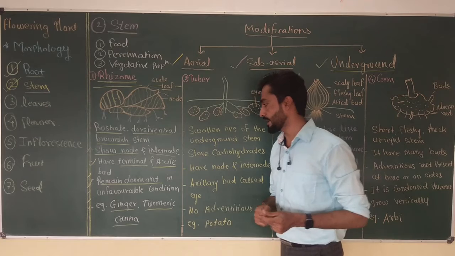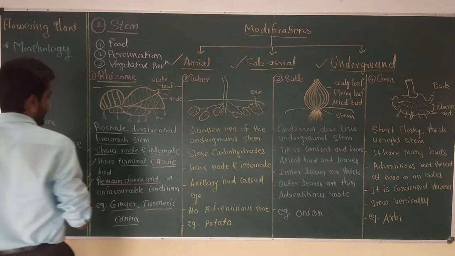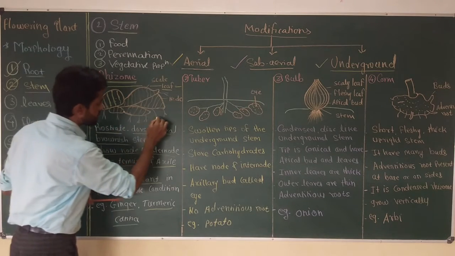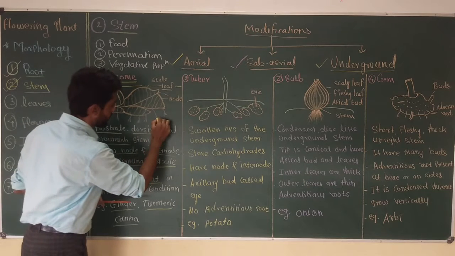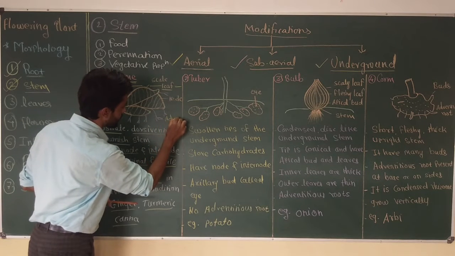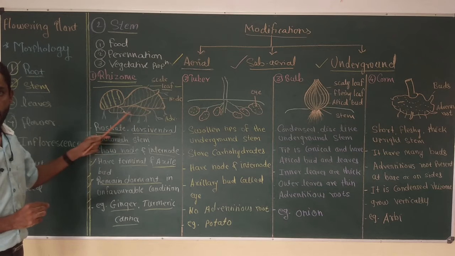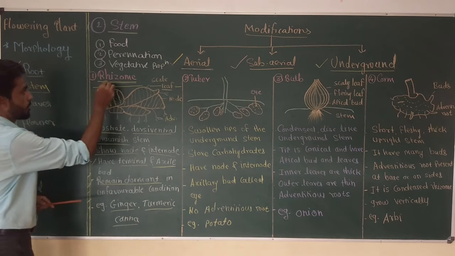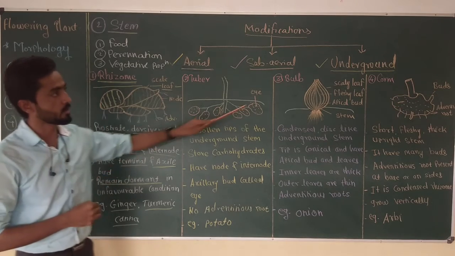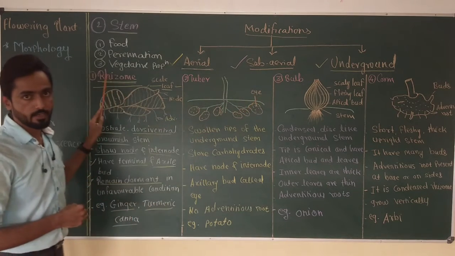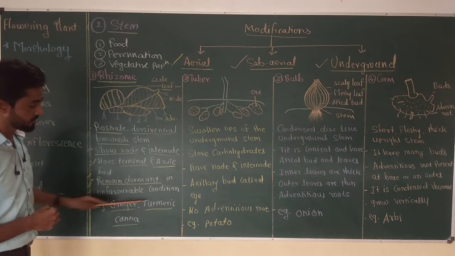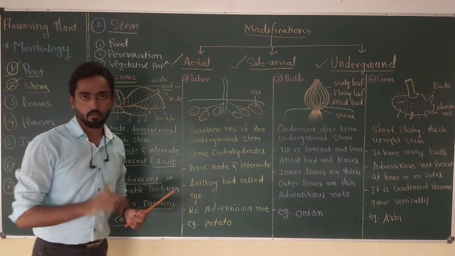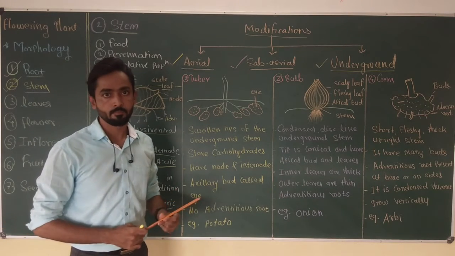The next important character of the rhizome is that it is going to have adventitious roots. Here you can see adventitious roots are present on the lower side of the rhizome. So all these are the important characteristics of the first type of underground stem modification, which is rhizome. And examples, as I told earlier, ginger, turmeric and canna are well-known and well-characterized examples of the rhizome.